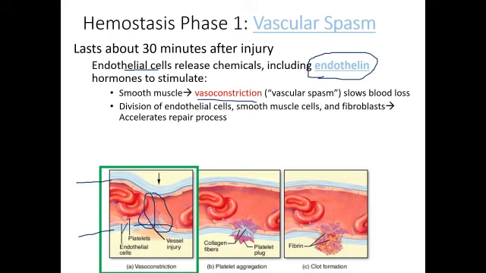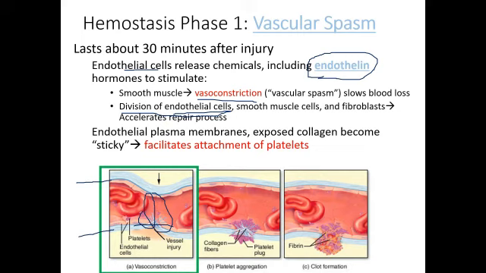Also, this chemical is going to begin signaling the remaining blood vessel wall cells, those endothelial cells, to start the process of mitosis. When you cut yourself, there's actually a hole between those cells, and so we need to make more cells as quickly as we possibly can to literally fill in that hole.